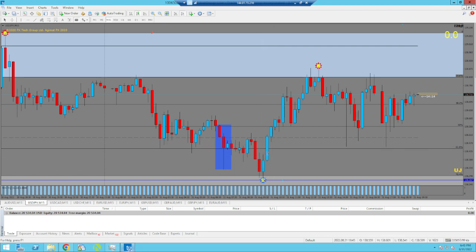So what happened in that time period is that it created a void where there is no wick, there is no price action, meaning that there was all buyers and no sellers were able to jump into the market. And basically the idea is that at some point, it doesn't have to happen immediately, but at some point in the future, this gap is going to get filled with price.